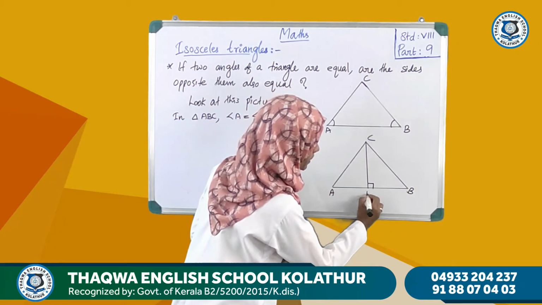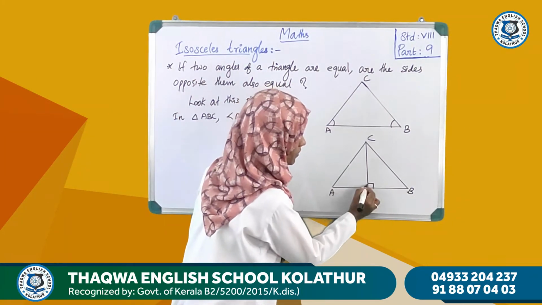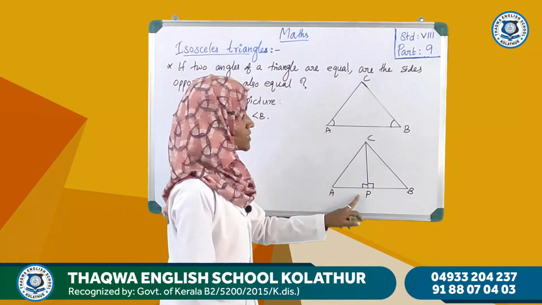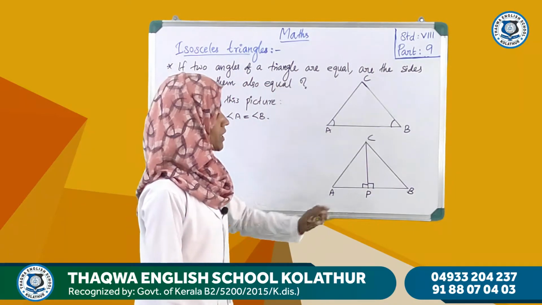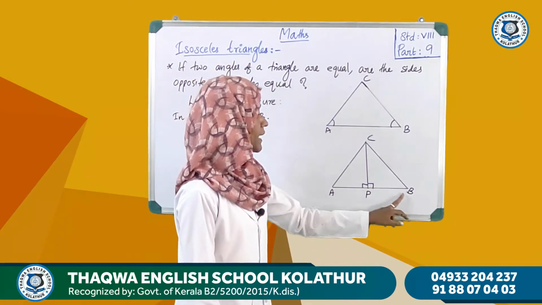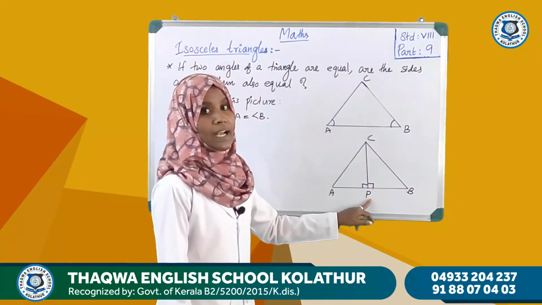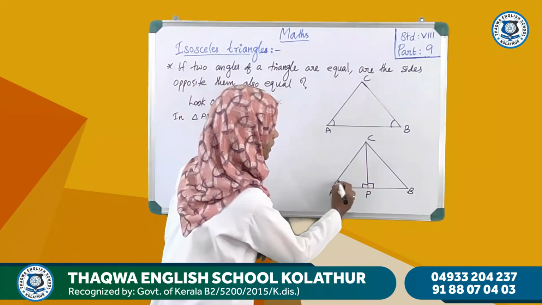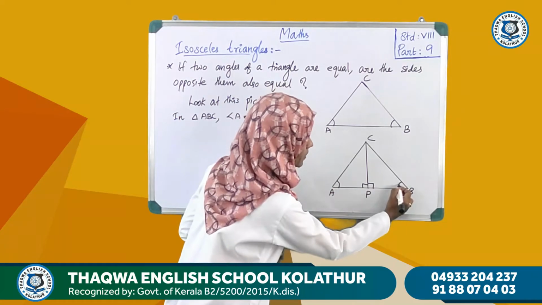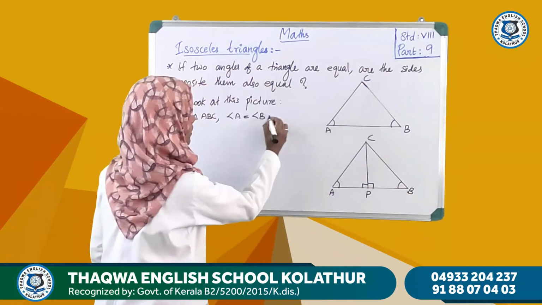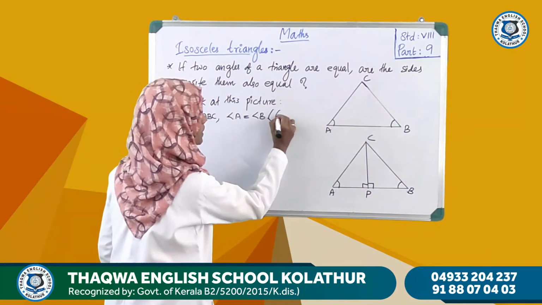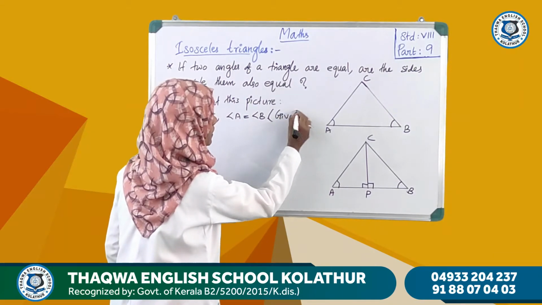This point is P. So angle APC is also 90 degree. Angle APC and angle BPC are 90 degree. Angle A equals angle B. It's the given condition.